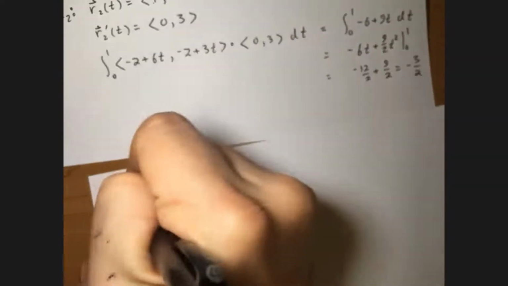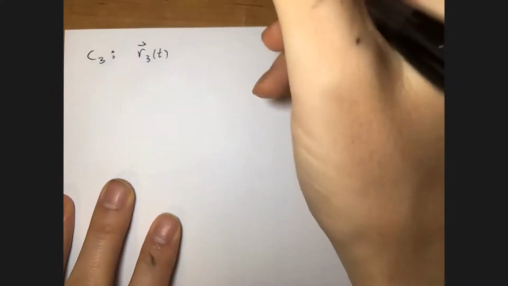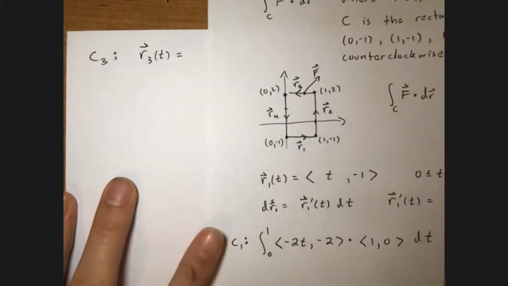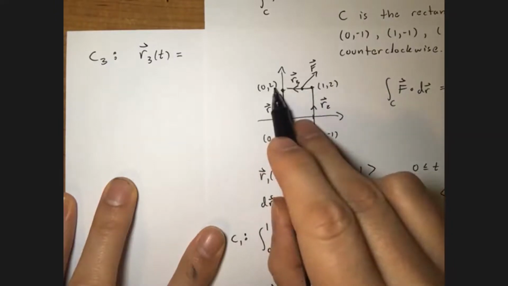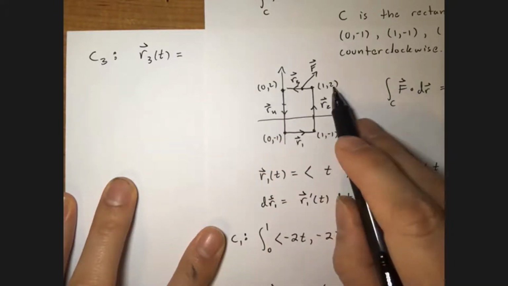So for C3 here, I'm going to use R3 of t. Well, take a look at the picture. R3 starts at 1, 2 and ends at 0, 2.